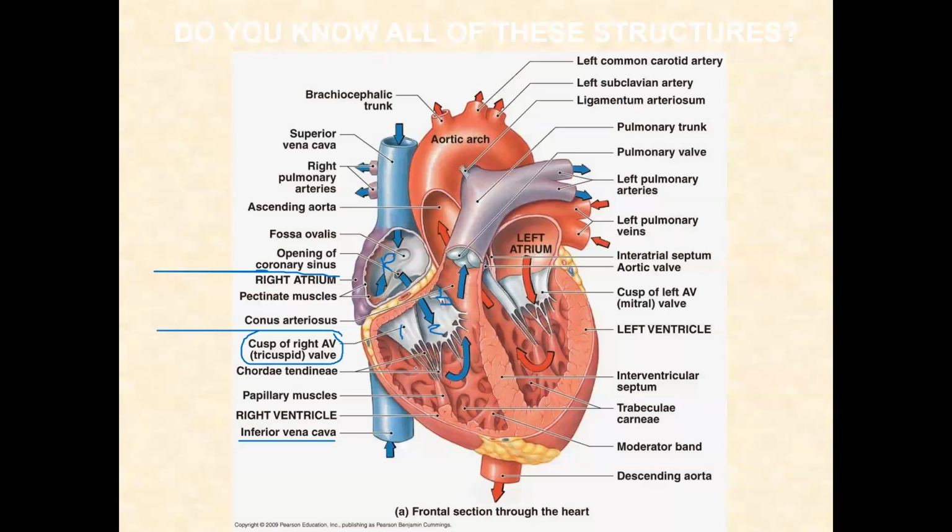Now, to help this process along, your cusps have these strings connected to them called chordae tendineae, right? And they help to position the valves in the correct position. And they do this with the aid of what we call papillary muscles.